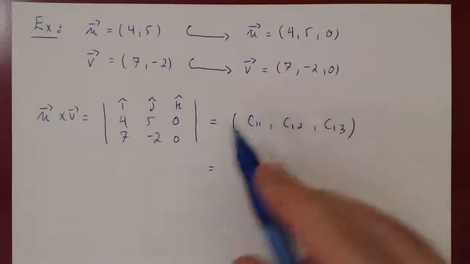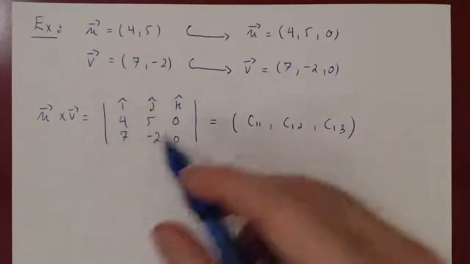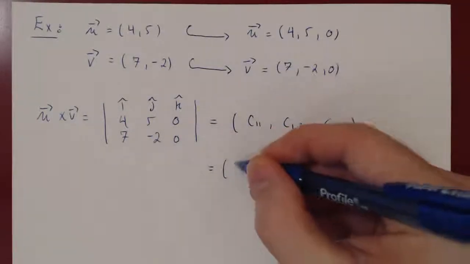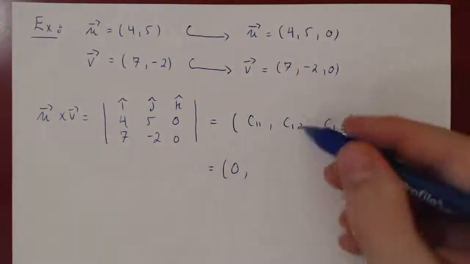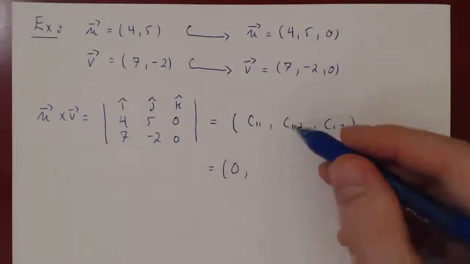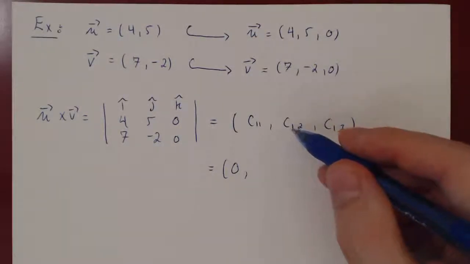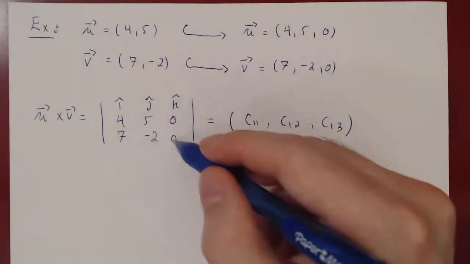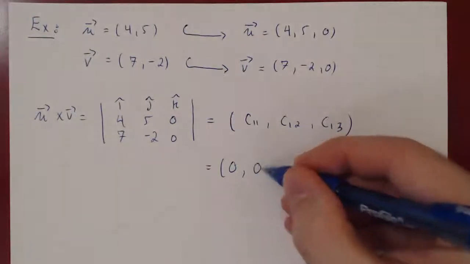C11: delete row 1, column 1. So the determinant of this matrix will give you 0 minus 0, and you have a 0 x component. C12 will have a negative of the determinant after we delete row 1, column 2. But then you'll have 0 minus 0, which is also 0.